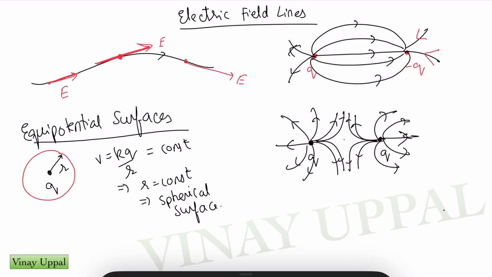So these will be your equipotential surfaces. And an important property of equipotential surfaces is that they are perpendicular to the electric field lines. The electric field lines are normal to the equipotential surface.